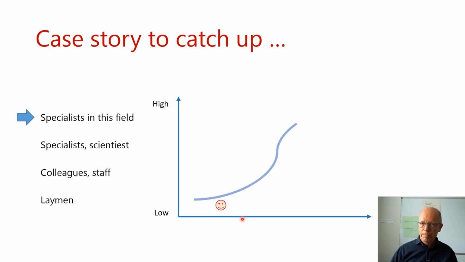But I'll come back to the story repeatedly during my talk. In that way, I'm directing my talk to the specialists in the field. At the same time, I'm also giving a talk to the other groups within the audience.